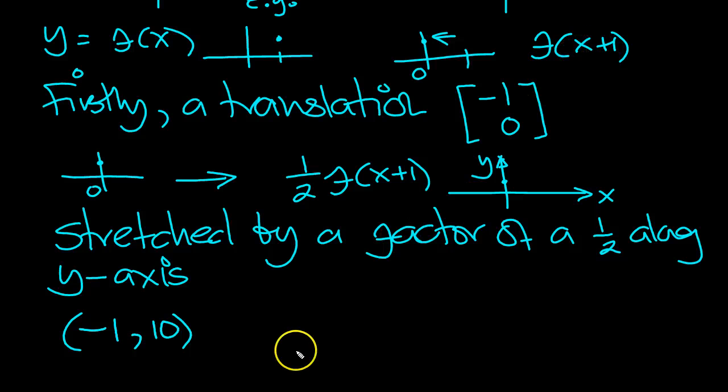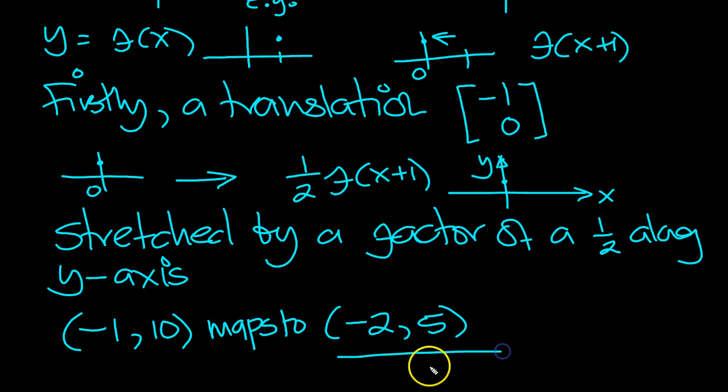Yeah, minus 2. So the point is minus 2 on the first curve. That's the x value. And then the y value is shrunk by half, so that would be 5. Maps to minus 2, 5. x equals minus 2, y equals 5.